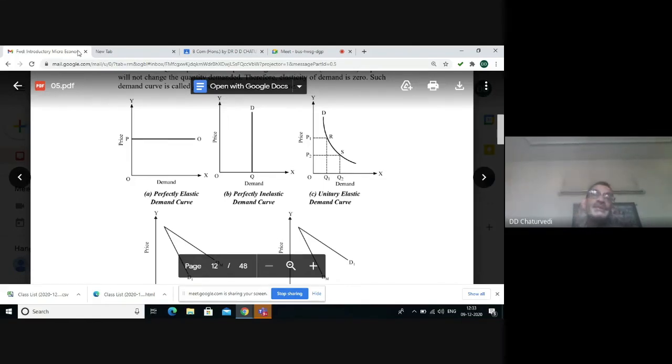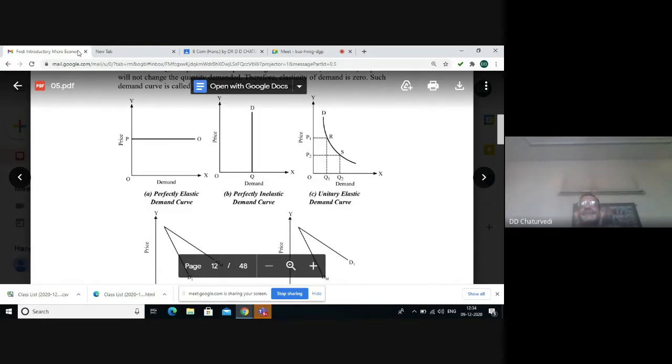And there is one more thing special about this demand curve, because this is a rectangular hyperbola, and by rectangular hyperbola we mean that when we draw perpendiculars from different points on this demand curve on the x and y axis, then the rectangles so formed will be equal in area. And that is the precise meaning of the term rectangular hyperbola, for which the equation is xy is equal to constant.